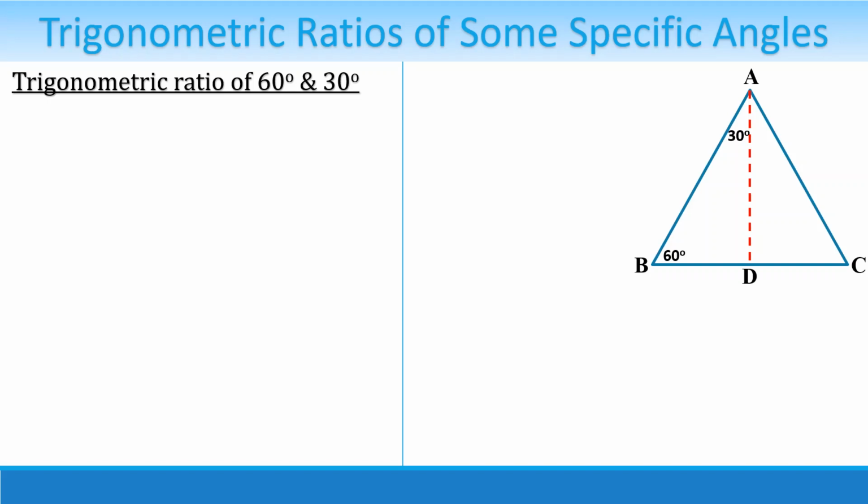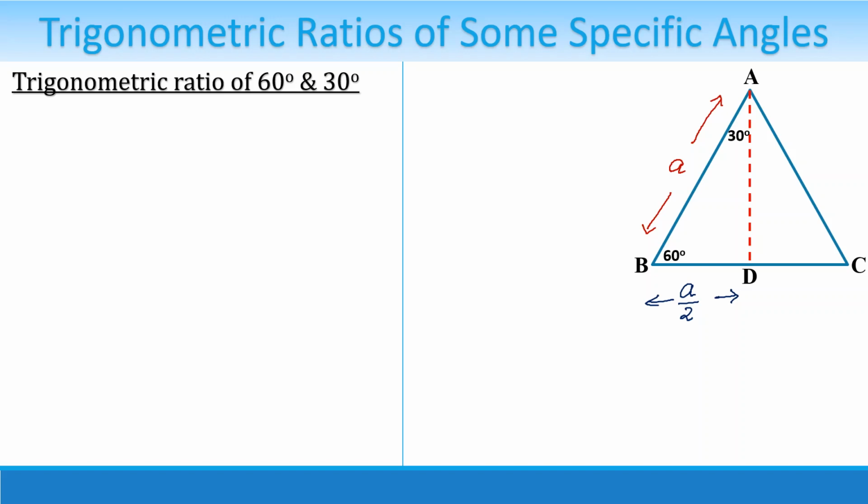For the same, if I consider the side of the equilateral triangle which we constructed in the beginning as a unit, then BD will be half of a, that will be a by 2. And once again, to find the values of trigonometric ratios, we require the measurement of all sides of the triangle.